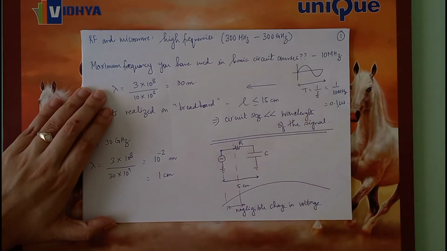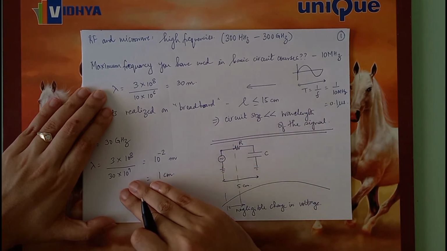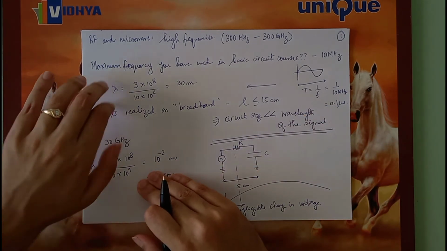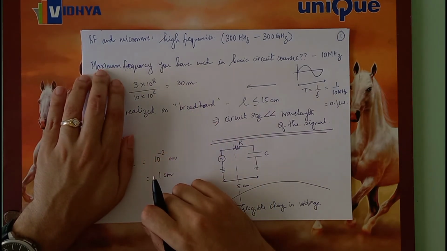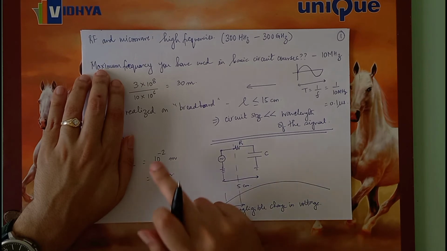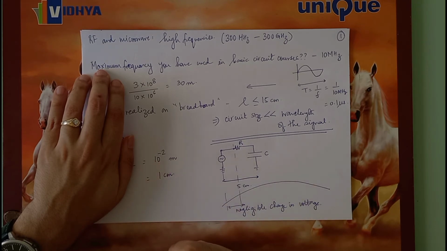So now the wavelength of the wave is going to become comparable, or no longer negligible, when you are comparing with the size of your circuit. Let us see how.